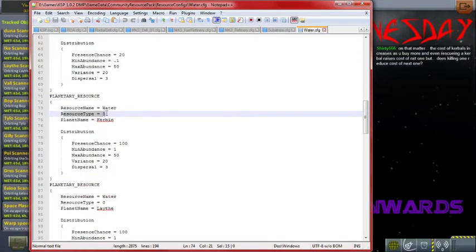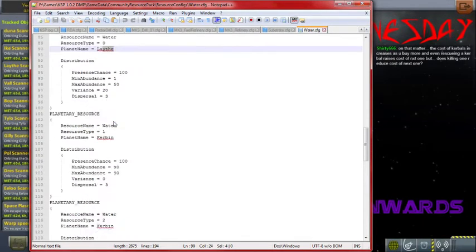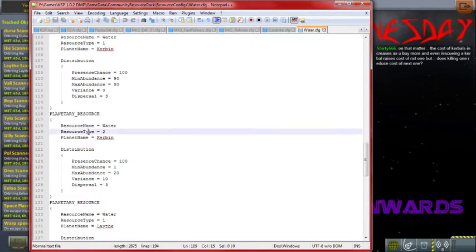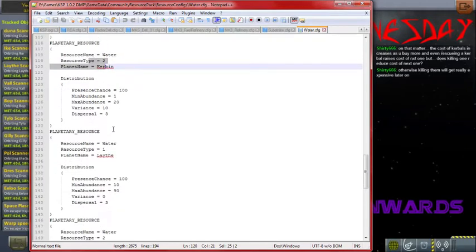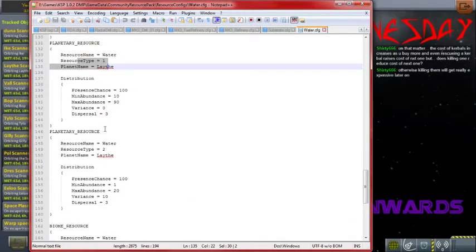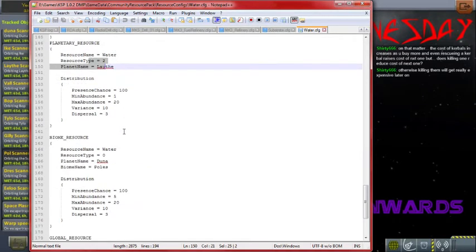So here we have the specifics. Minables on Kerbin, minables on Lathe, oceanic on Kerbin, atmospheric on Kerbin, oceanic on Lathe, atmospheric on Lathe.